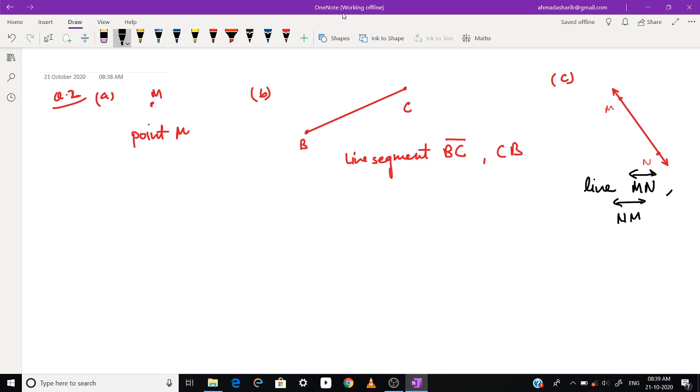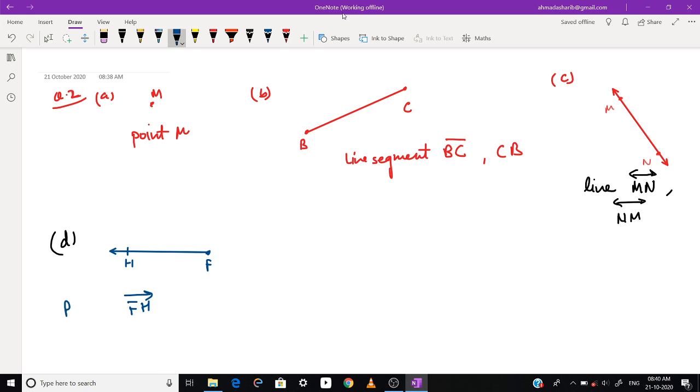Okay, next D. And this time this is the figure given in the question, and this is point F, and this is point H. So what will we write? We'll write it FH, with an arrow.